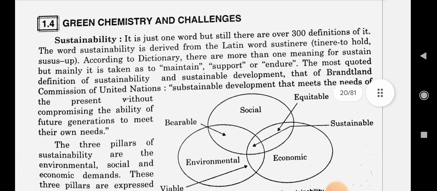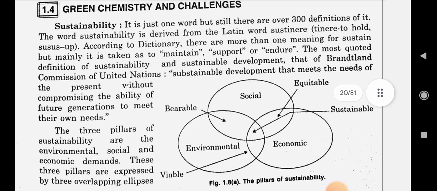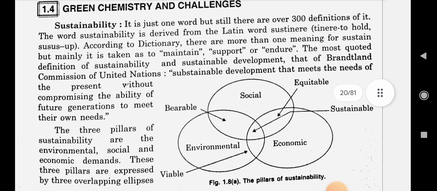Green chemistry and challenges. Sustainability. It is just one word, but still there are 300 definitions of it. The word sustainability is derived from the Latin word sustain. According to the dictionary, there is more than one meaning of sustain, but mainly it is taken to mean maintain, support, or endure.